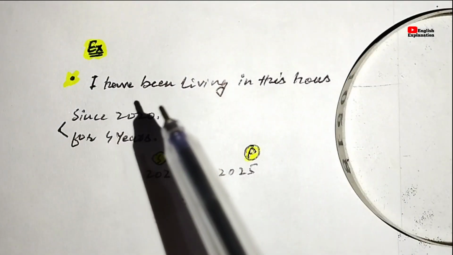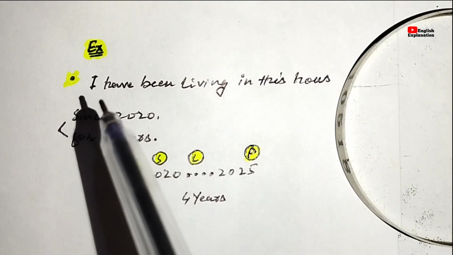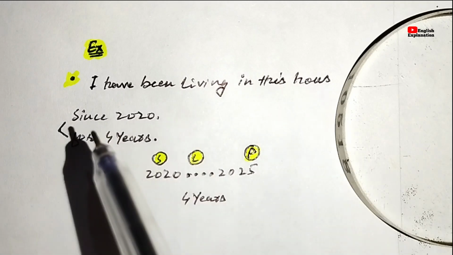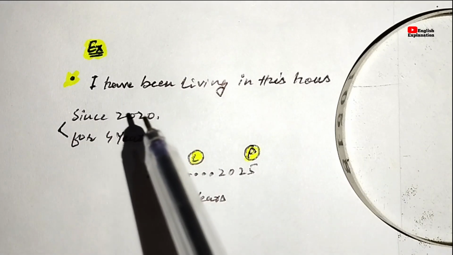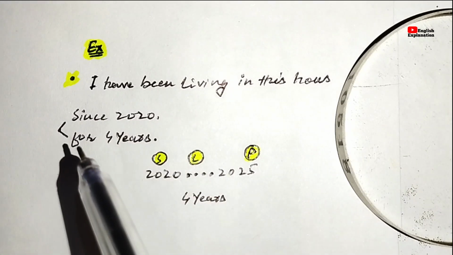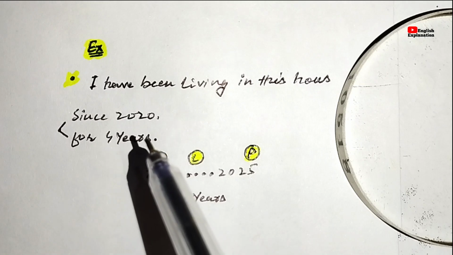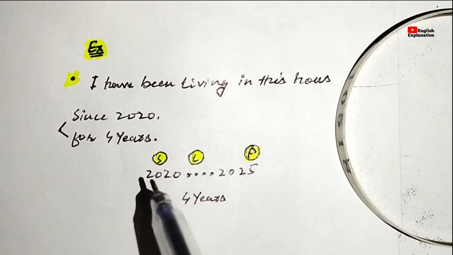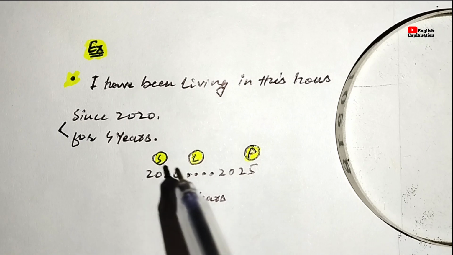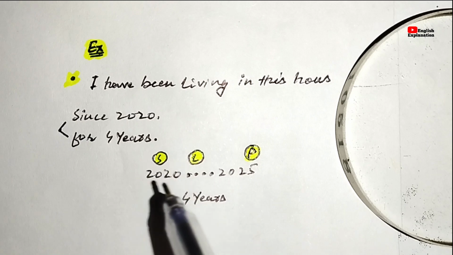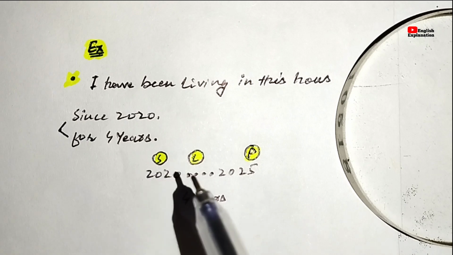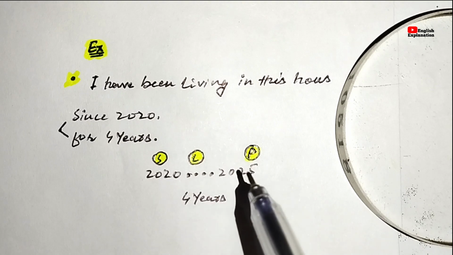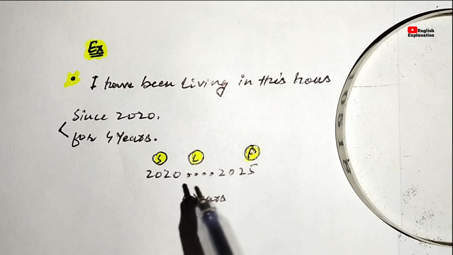So here we have another example: I have been living in this house since 2020 or for 4 years. Okay, I will explain here. 2020 is the year of the starting point, and now the present time is 2025.